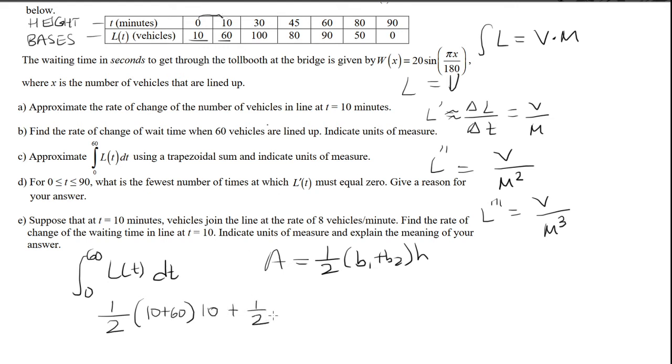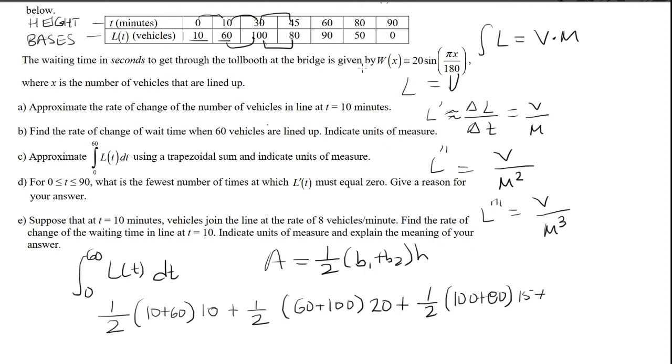Then we move on to the next two. We go to 60 and 100. Those are my two bases. My height changes from 10 to 30, so that's 20. The next two bases are 100 and 80, and the height changes from 30 to 45, so that's a change of 15.